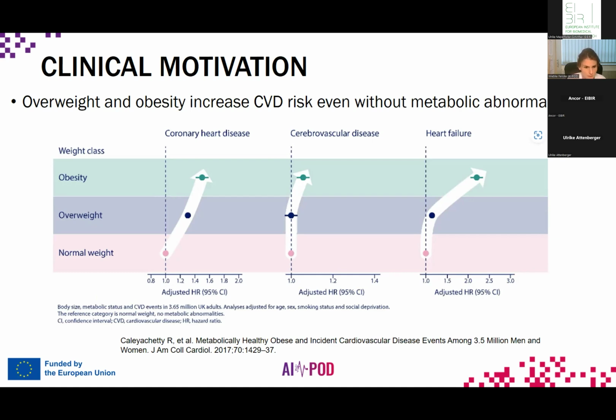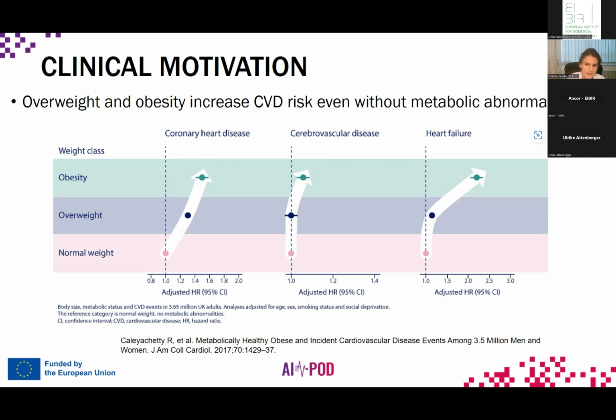And of course, we all know that patients with obesity are more likely to develop a number of potentially serious health problems, not restricted to, but including first and foremost coronary heart disease, so heart attack, cerebrovascular disease, stroke events, also chronic heart failure, not only reduced ejection fraction, but more particularly patients developing HFpEF.